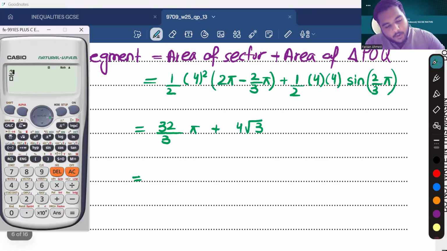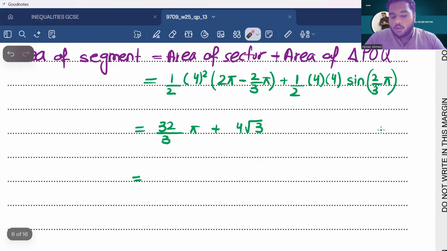Yes, wait a minute. 1 upon 2 whole bracket 4 square into 2 pi minus 2 upon 3 pi is equal to 32 upon 3 pi.